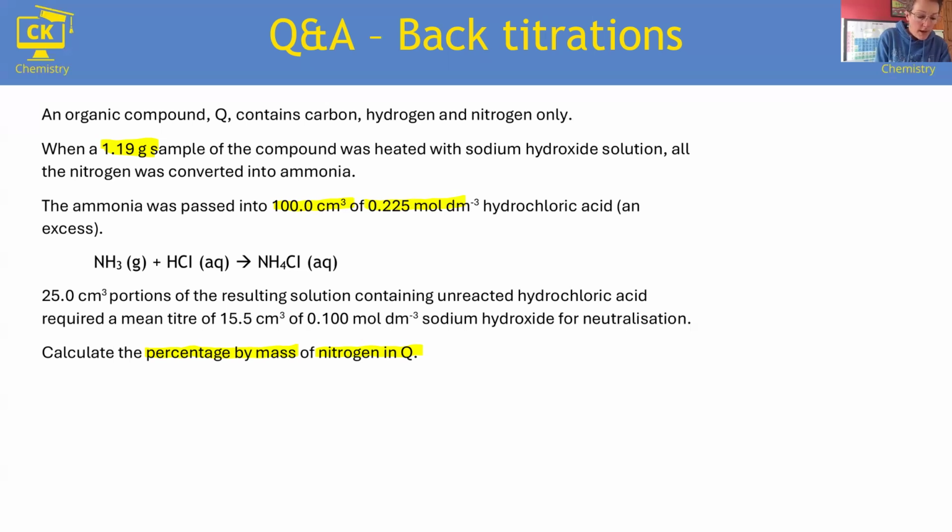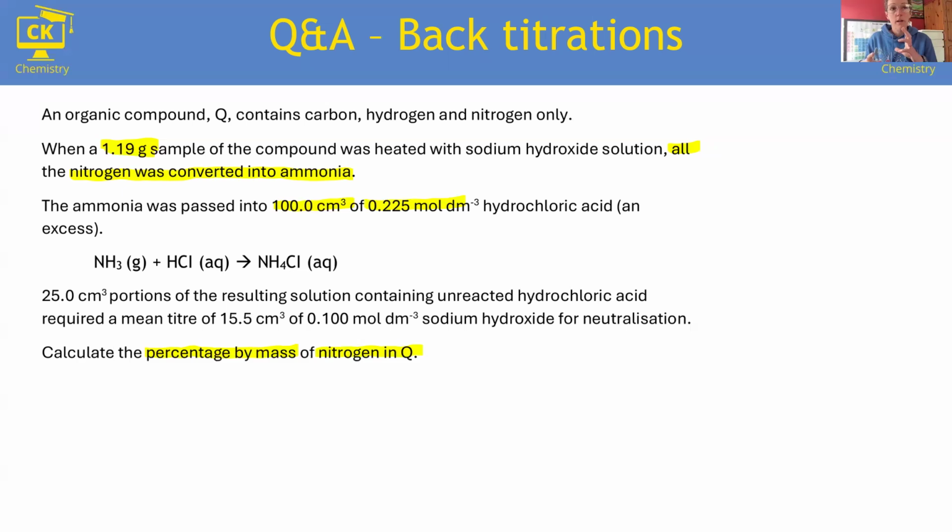In fact, what they've done here is they've taken a sample and they've reacted it with sodium hydroxide. There's no information there about the numbers for sodium hydroxide. All it says is all the nitrogen was converted to ammonia. So I don't need to know how much sodium hydroxide there was. That's not relevant. Sodium hydroxide is just a way to convert it.